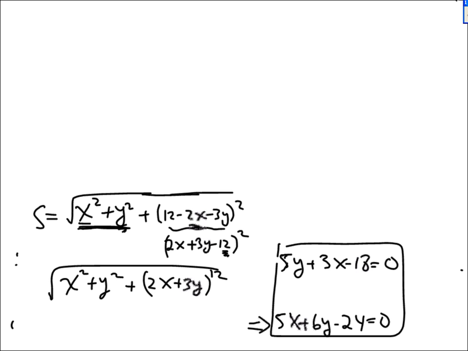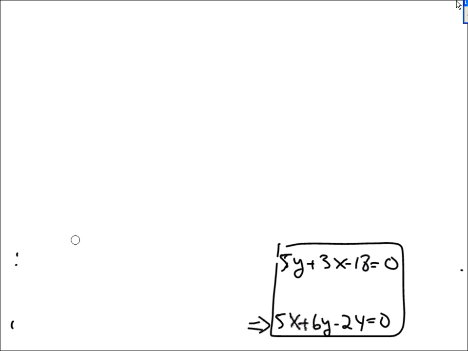This just gets bigger and bigger, growing without bound. The power is 2, not 12. So the critical point we're about to find will not be a max, because there is no max.